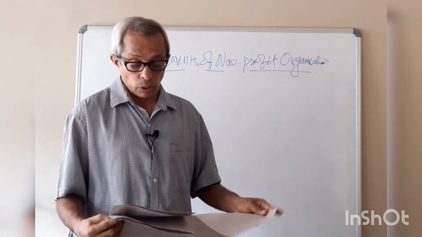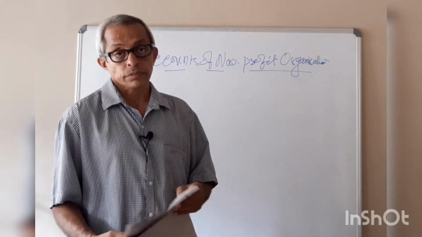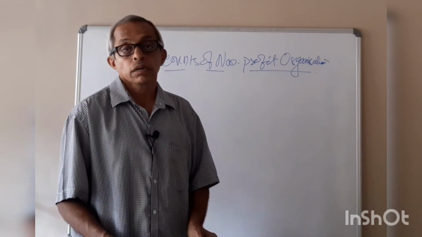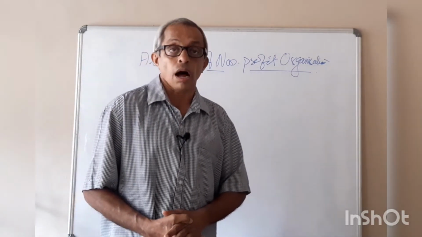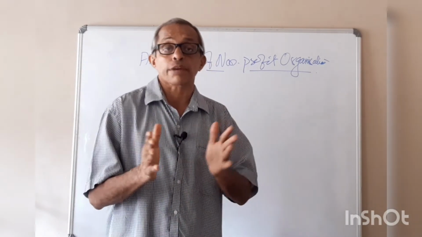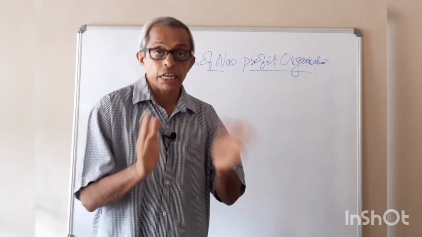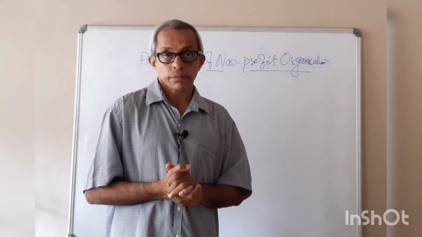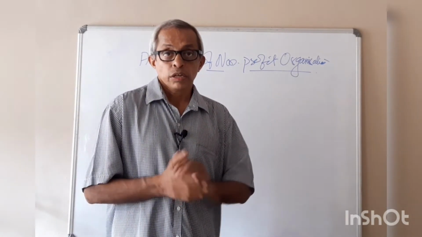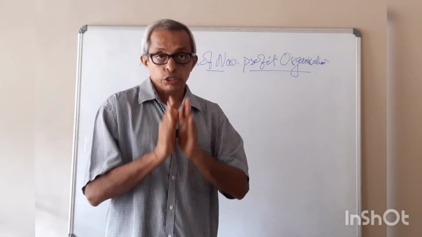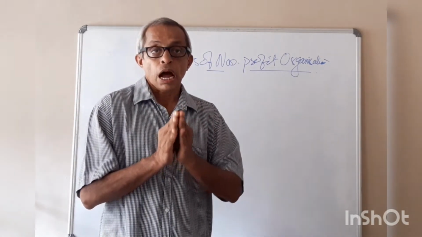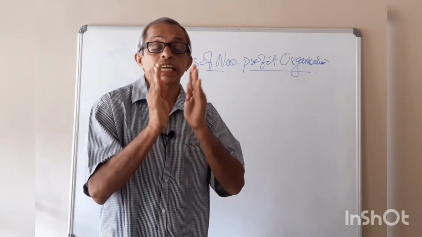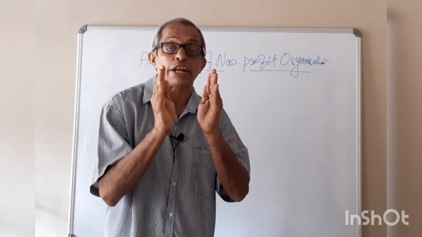The final accounts of such an organization are the receipt and payment account, income and expenditure account, and balance sheet. These three should be submitted at the general body meeting of the organization at the end of a financial year.